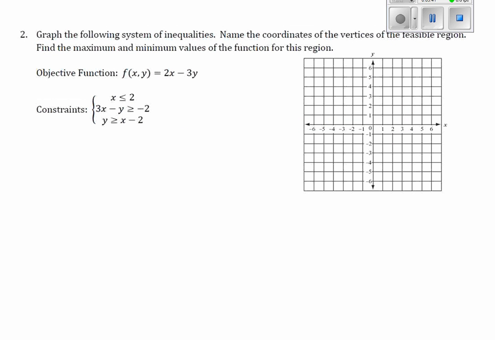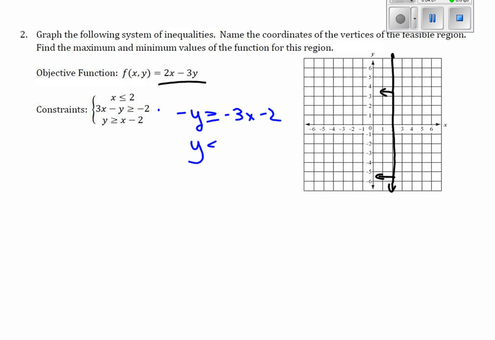The objective function is 2x minus 3y. My constraints are x less than or equal to 2. So x less than or equal to 2 is here, and that's going to shade this way. The second one, which will be in blue, is negative y minus 3x minus 2.